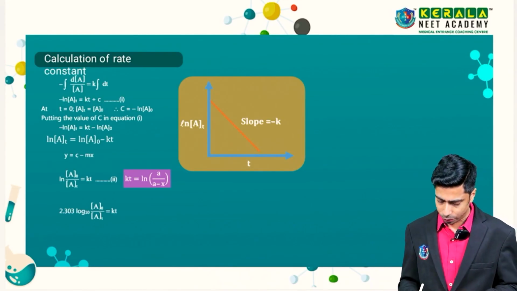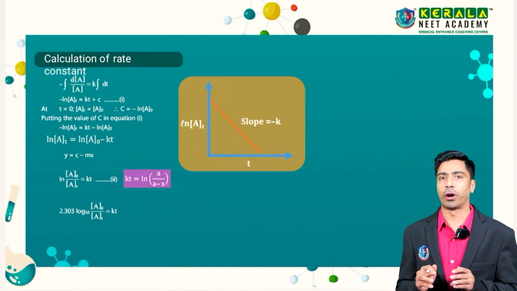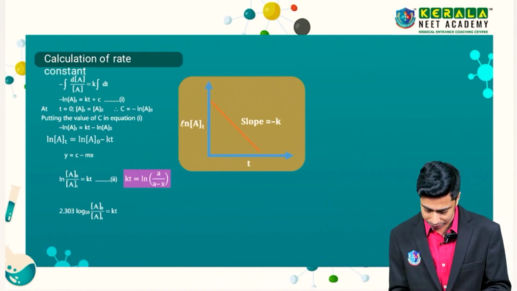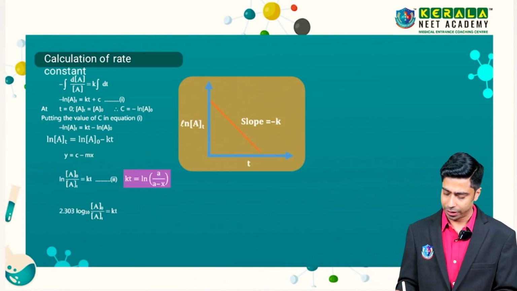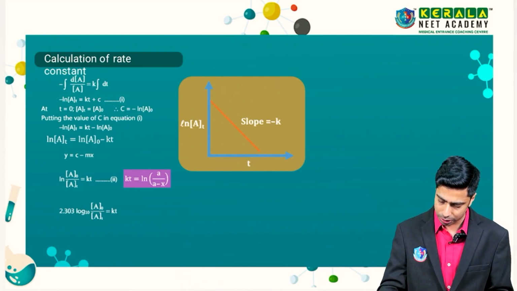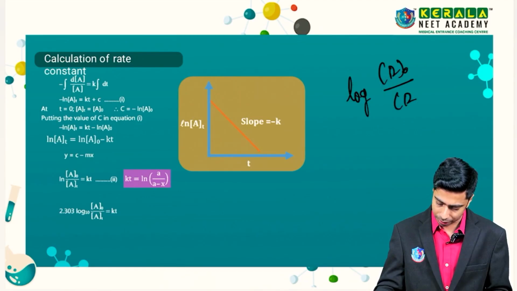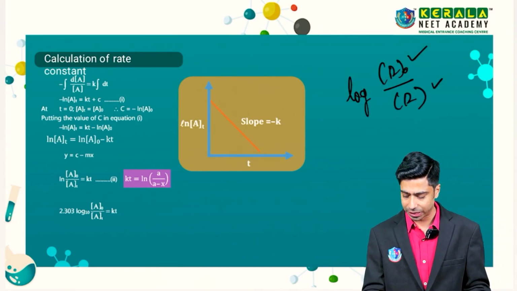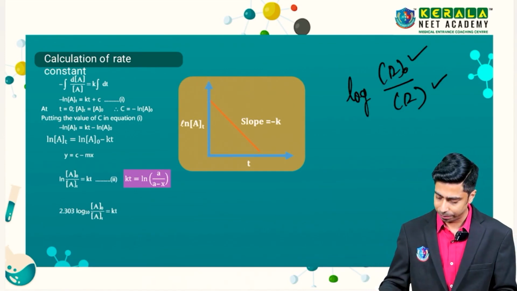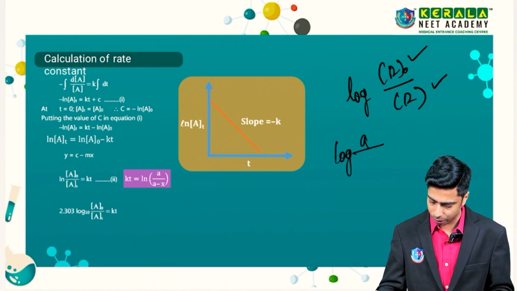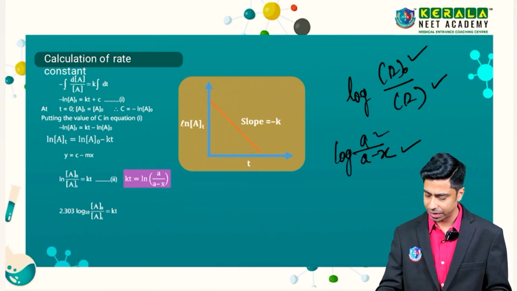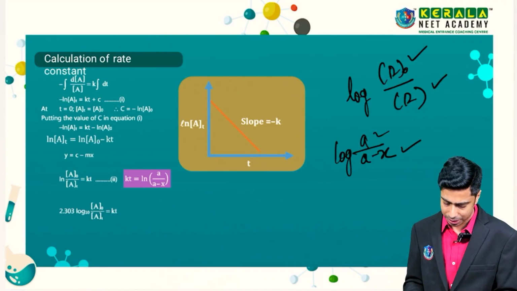So kt is equal to 2.303 log R0 divided by R, where R0 is the initial concentration and R represents the concentration at time t. This also can be written as log A divided by A minus X, where A represents the initial concentration and A minus X represents the concentration at time t.